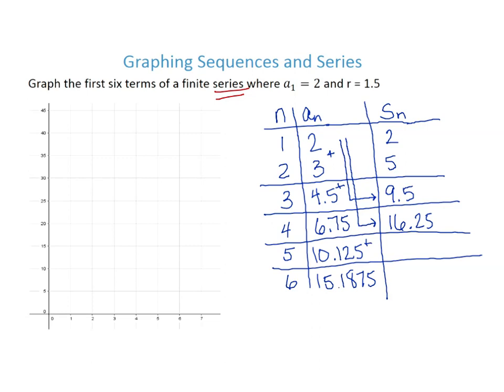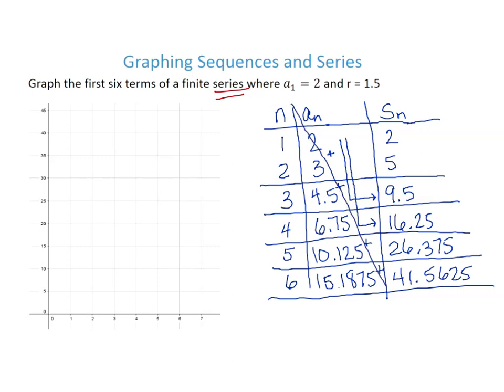Now I add this number on. I add on 10.125, and I get 26.375. And then the last one that they want me to add on is the 6th term. So I'm going to add 15.1875.